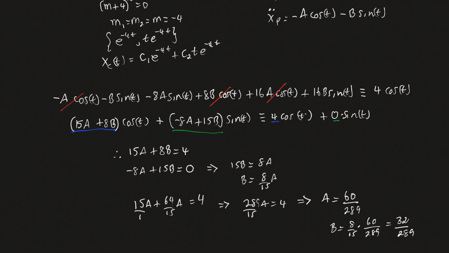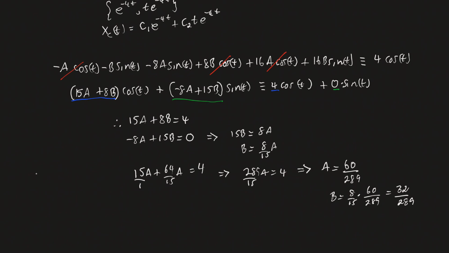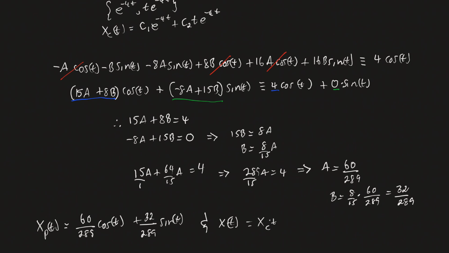So what we just figured out is the a and b in our particular solution. So then let's write down two important facts. The particular function is 60 over 289 times the cosine of t plus 32 over 289 times the sine of t. And then we know our general position or displacement function is x sub c of t plus x sub p of t.